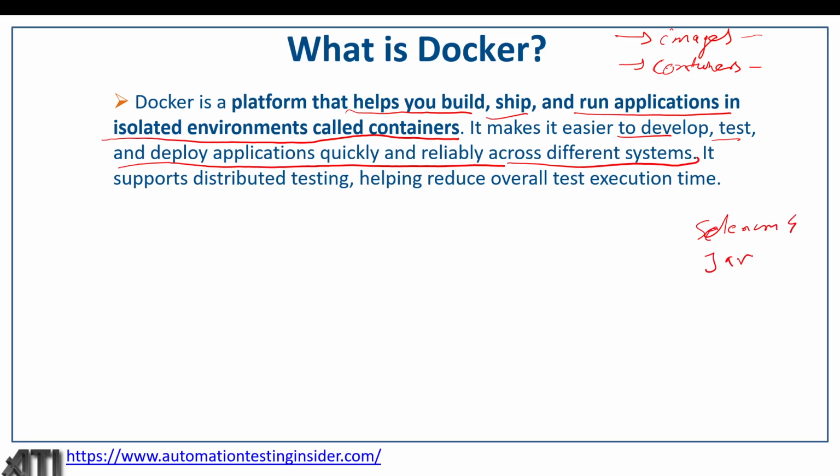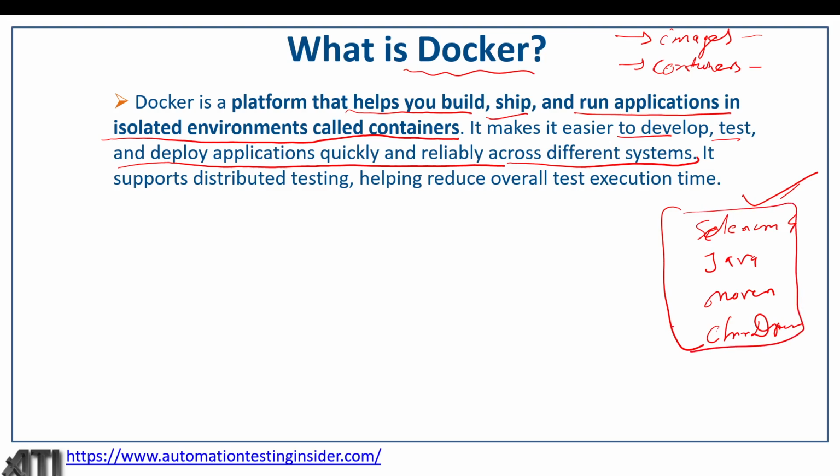We need Java, we need Maven, we need ChromeDriver, just for example, right? We need these applications to run our script. When we use Docker, we don't need to install them separately. Basically the images will contain all these applications and build the environment for us.